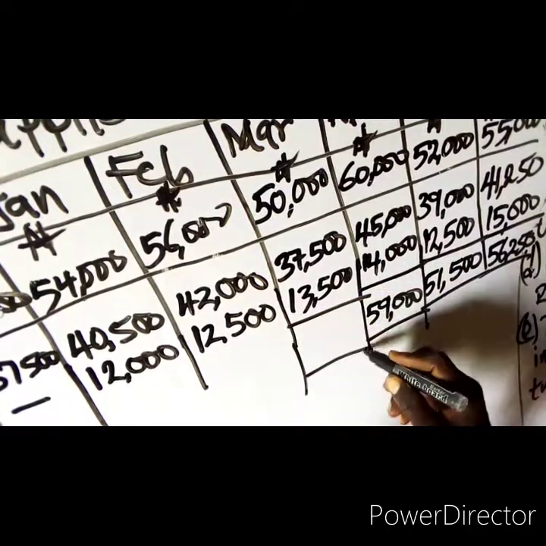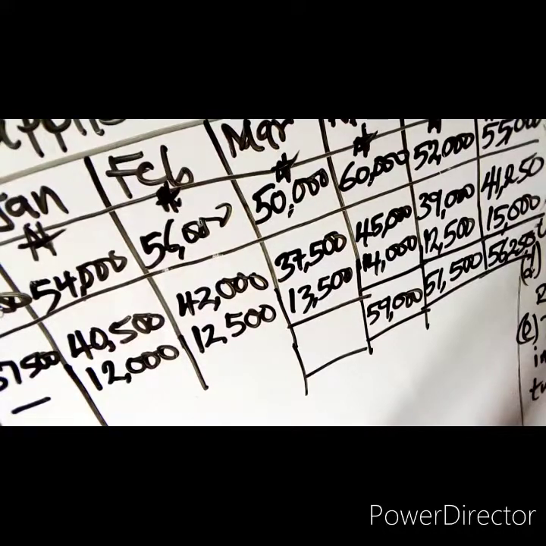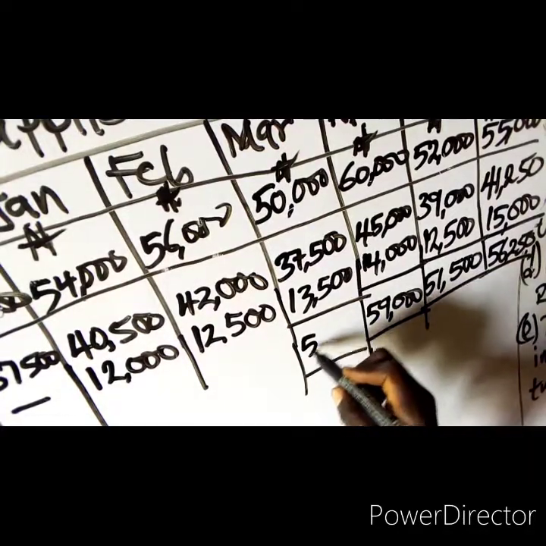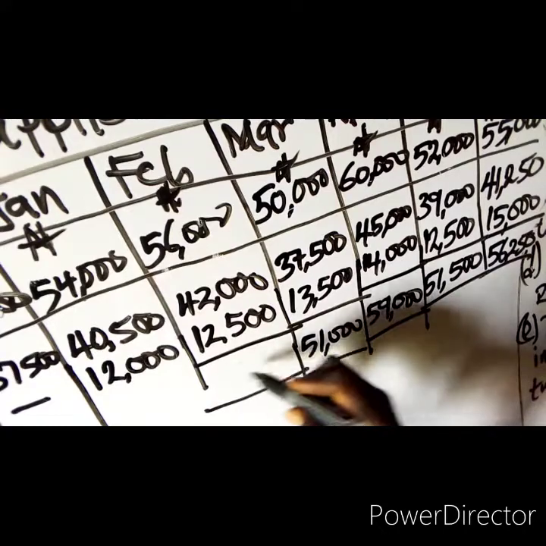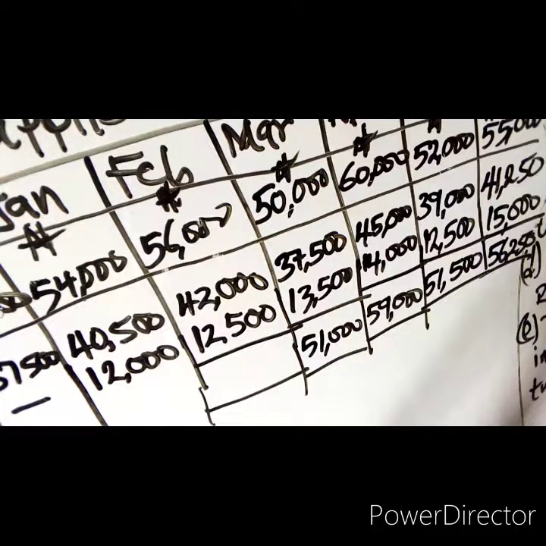Then 37,500 plus 13,500, then we have 51,000. Then we have 42,000 plus 12,500.